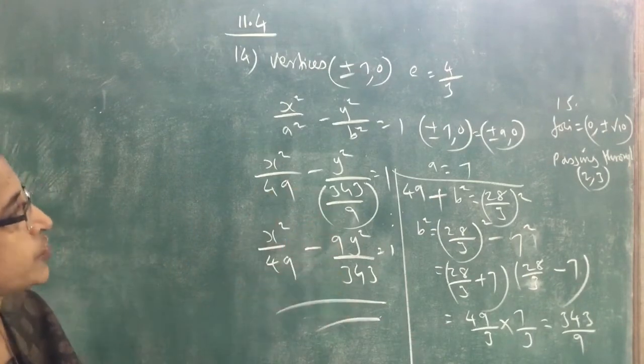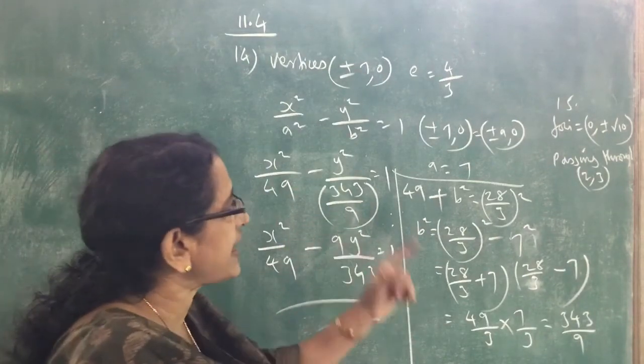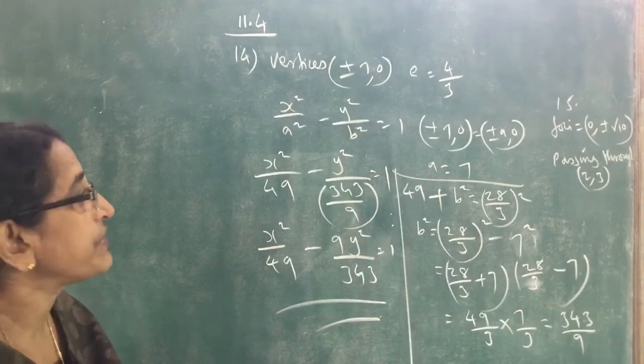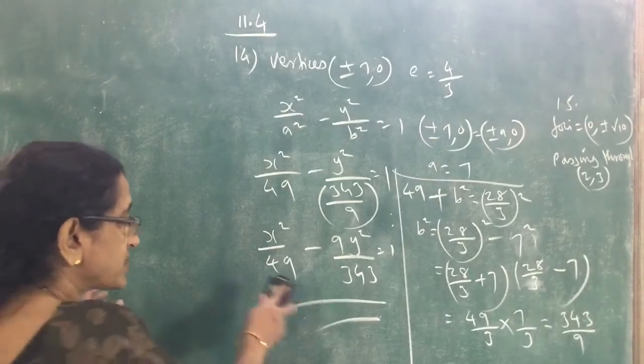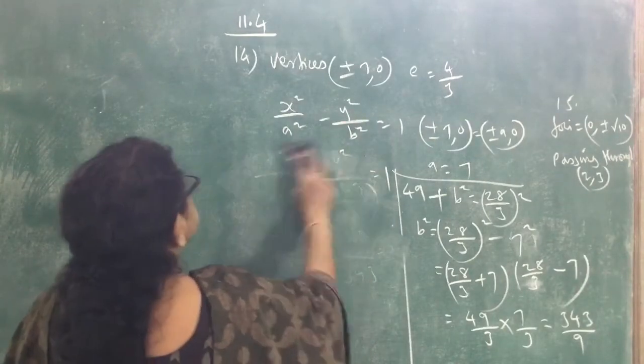Now the 15th one. Foci is given as 0, plus or minus root 10, and passing through 2, 3. See, foci 0, plus or minus root 10 means which type of hyperbola?